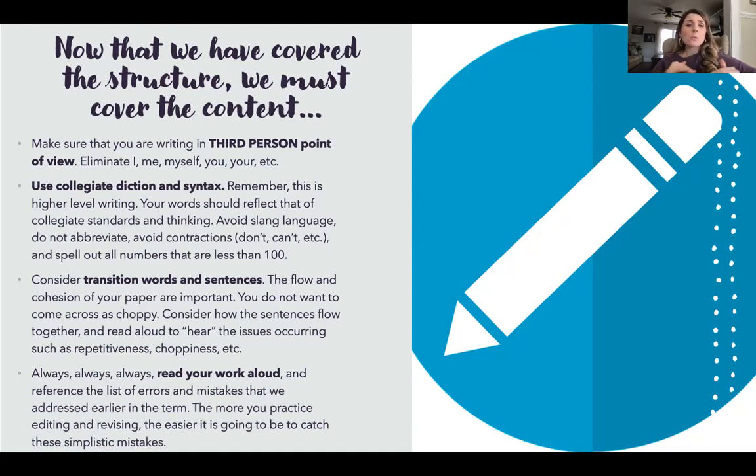Make sure that as you're reading it out loud, the flow sounds good. And then always, always, always read your work aloud and reference the list of errors and mistakes that we addressed earlier in the term. The more you practice editing and revising, the easier it's going to be to catch these simplistic mistakes.